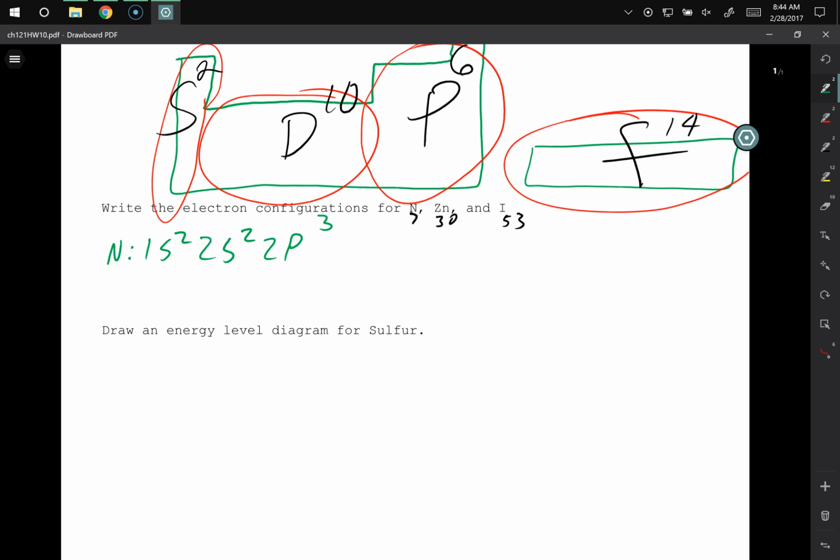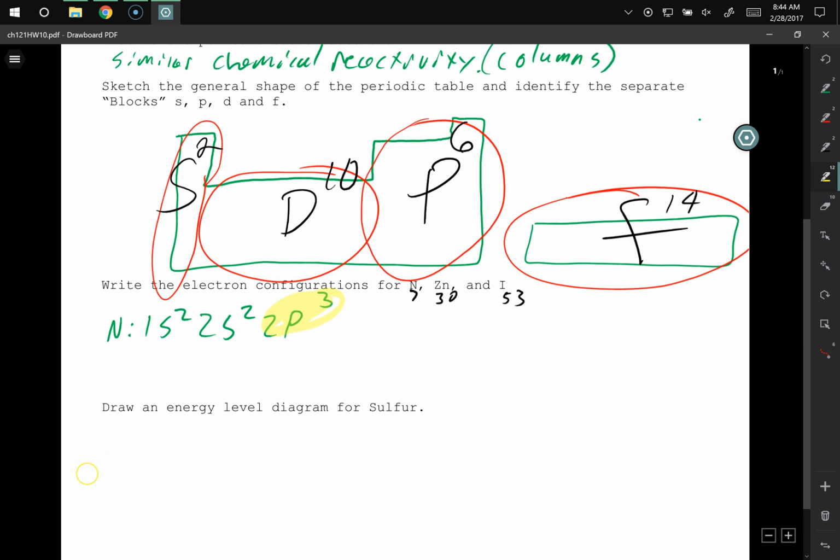How do I know that that's correct if I'm looking at a periodic table? That this last part right here is correct, this 2p3. I go to the second row. I'd go to the P block, and I'd move over 3 columns, and what would I find there? I'd find a nitrogen.